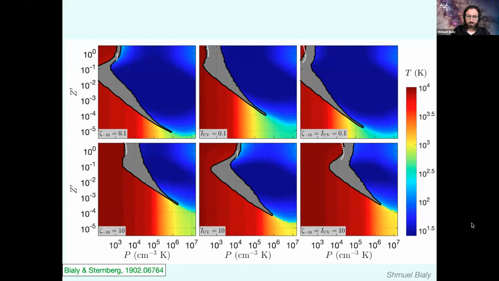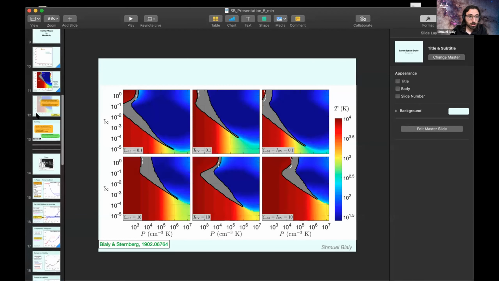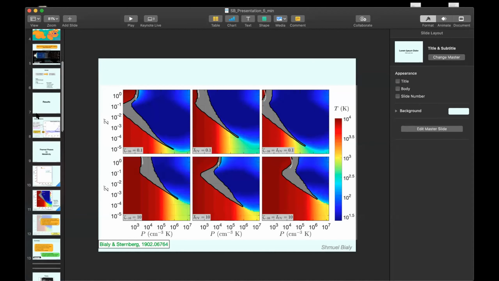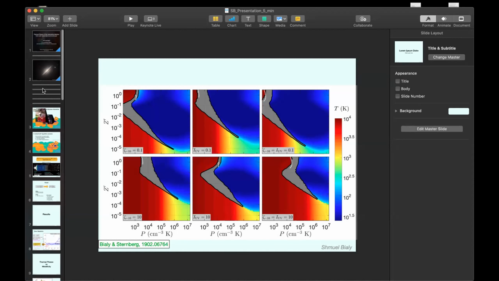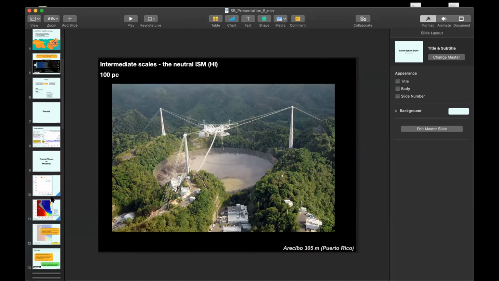Yeah, thank you. One thing is that it's very difficult to really observe the multi-phase medium in its whole glory. But what people sometimes do is use 21 centimeter observations in emission and in absorption. If you can do absorption, that's the best.